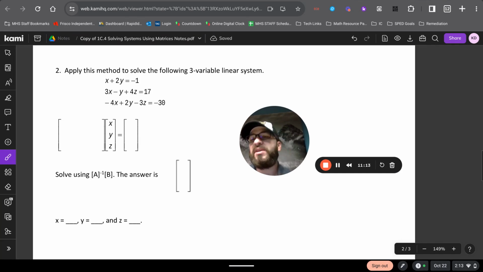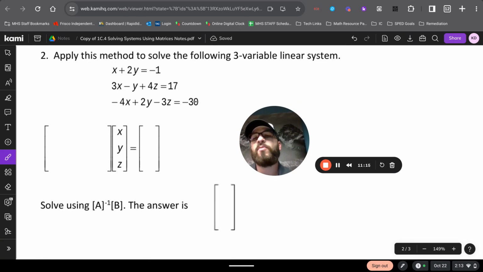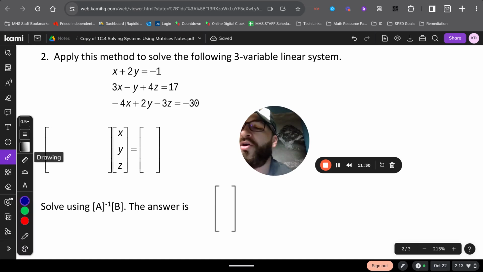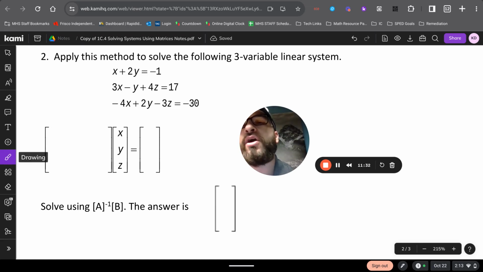One thing you might notice, we do have our x's, our y's, and our z's all on the same side, which is good. We have our coefficients all on the same side, which is good. That first equation, though, we actually don't have a z term. And the way we're going to represent that is by still leaving a 0 when we write in our coefficients. So our first set of coefficients are 1, 2, and then 0.